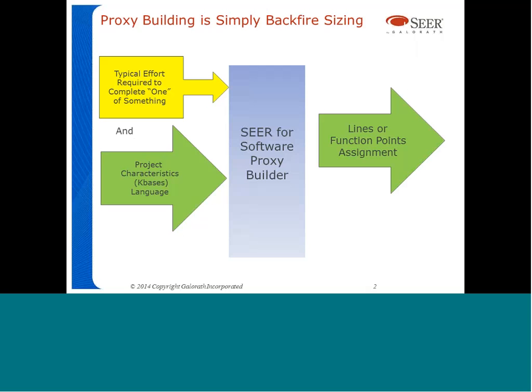So in a few words, proxy sizing is basically backfiring size. Okay. So we need to start by specifying or defining what the typical effort is required to complete one of something. Could be a screen report, could be an interface, could be an input form.